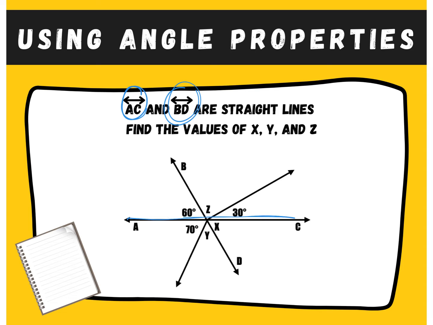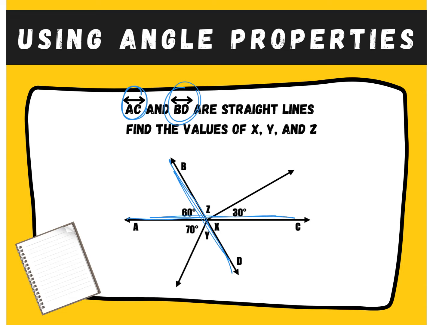The reason why that happens is because if these two are straight lines, we're going to have some vertical angles. Now, it does not tell me that these other two rays create a straight line, these ones right here. So that tells me that those will not really have much to do with any vertical angles. So let me get rid of those so we can focus. Now, the idea is to find the values of x, y, and z.